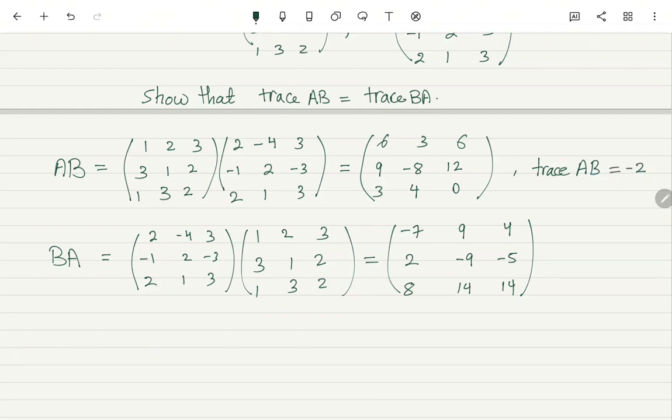Now let's check this one: minus 7 plus minus 9 is minus 16, plus 14. So the trace of BA equals minus 2. Therefore, trace AB equals trace BA.